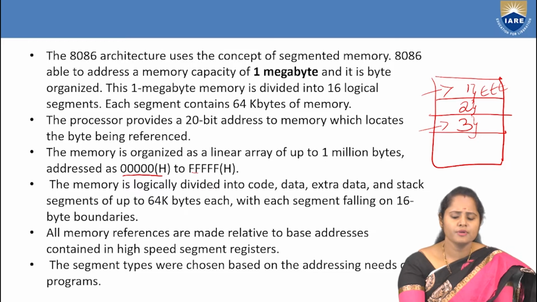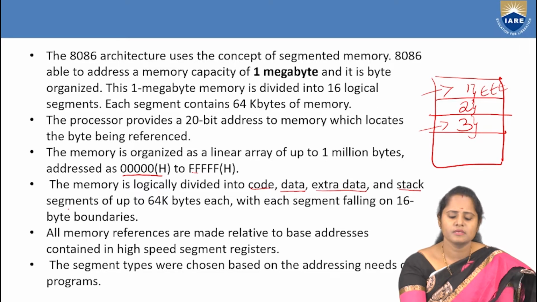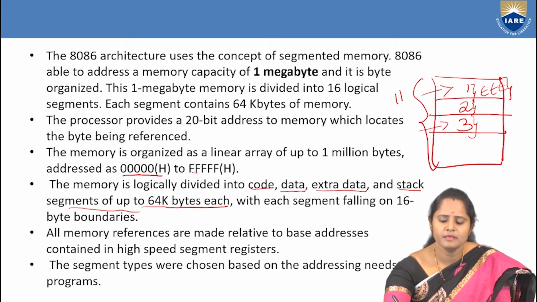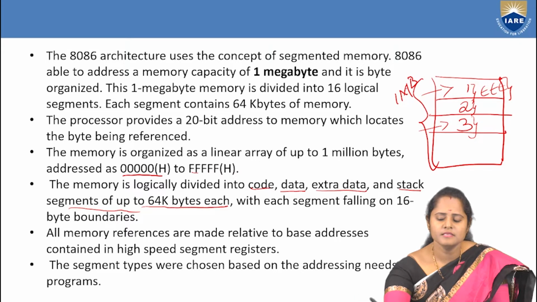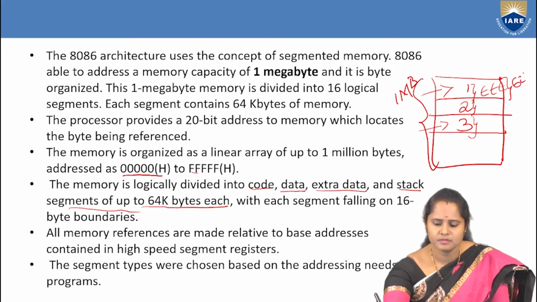So you can divide this into a code segment, a data segment, an extra segment and a stack segment, each of 64 kilobytes. This is overall 1 MB memory, and each segment is of 64 kilobytes.